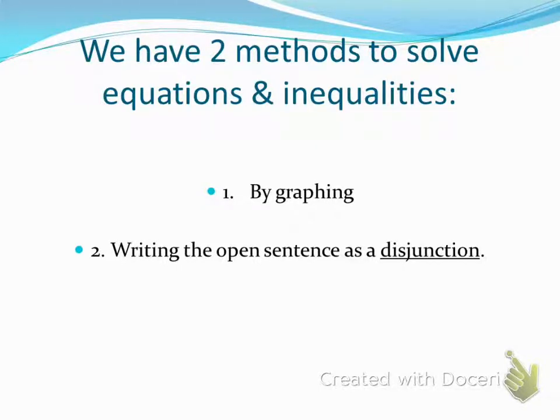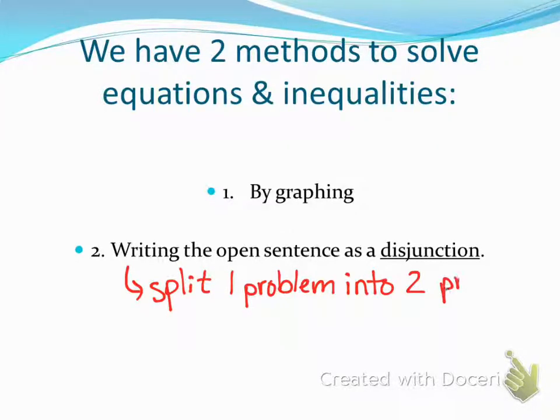We look at both of our options. So if you want to add a little note below that, what this means is that we're going to split one problem into two problems. That's what that means.